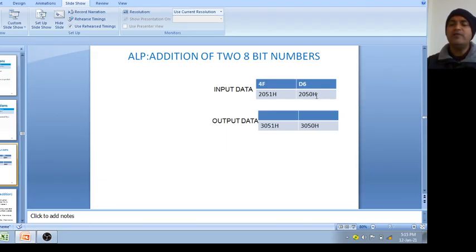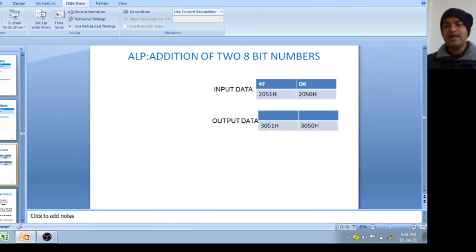Then how will you implement this program in the 8085 microprocessor? The first byte is in 2050 memory location, the next byte is in 2051 memory location, and suppose you have to store the result in 3050 and 3051 memory locations.